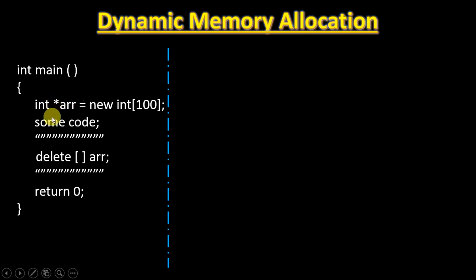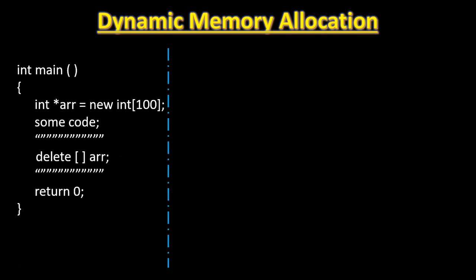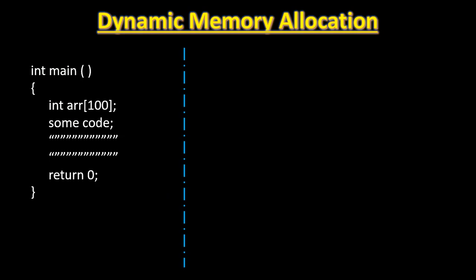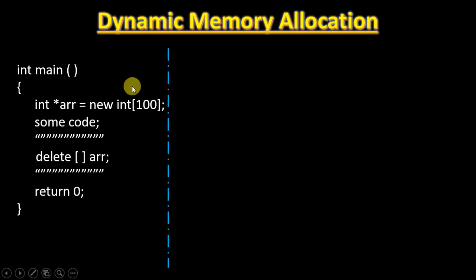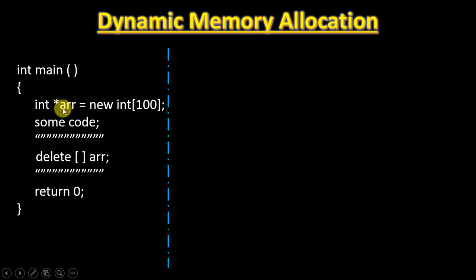So for example, instead of an array I'm using int star. Previously it was int ARR of 100, now I have just created a pointer ARR. In the previous case the ARR size is 400 bytes, but now the ARR size is that of a pointer, because a pointer holds 4 bytes. Now int star ARR equals new int 100.